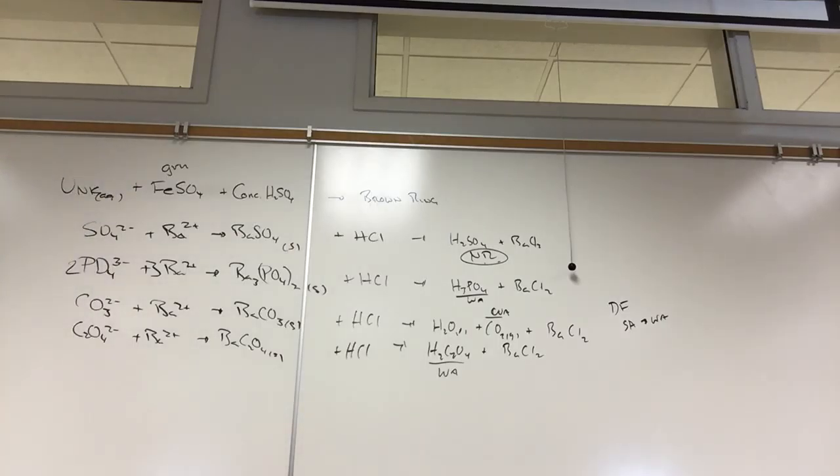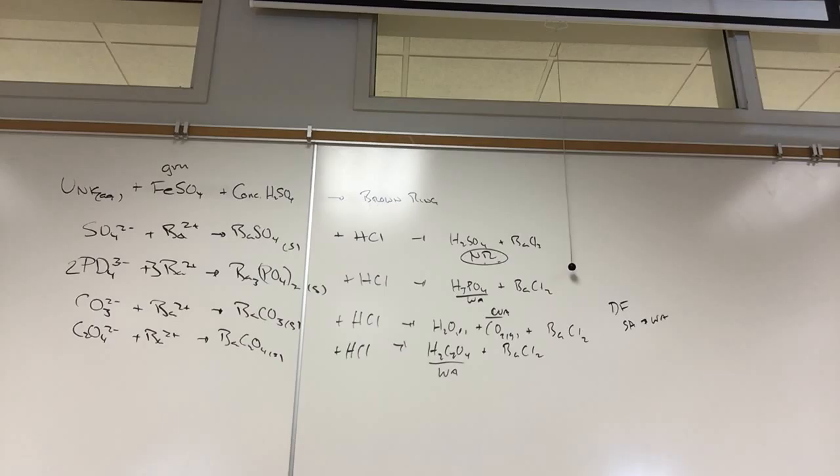You tilt the test tube at about a 45-degree angle like this. And here we're going to have our nitrate plus our iron 2 ions. The sulfate doesn't participate. And when we add the concentrated H2SO4, we want to add it drop by drop. What's going to happen is this concentrated H2SO4 is going to run down the side of the test tube and sink to the bottom. It doesn't mix right away.